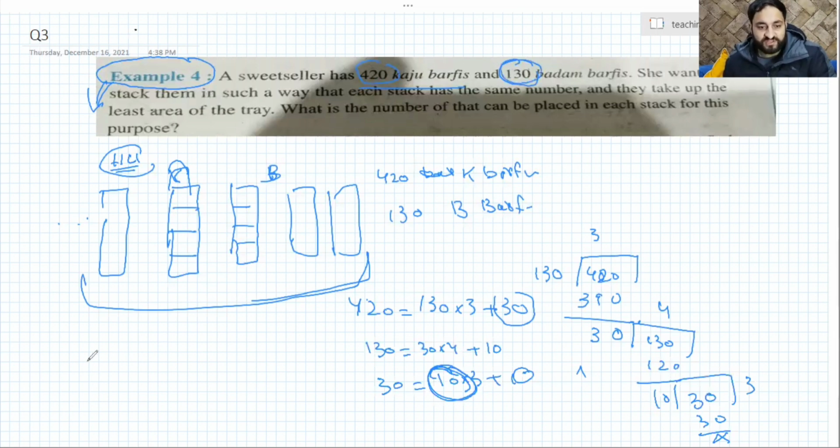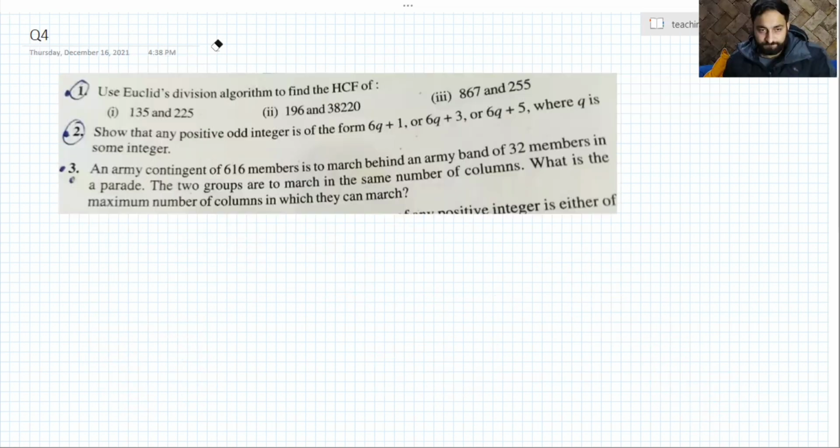So you are going to stack them in pieces of 10, 10 pieces in each stack. Is that okay?